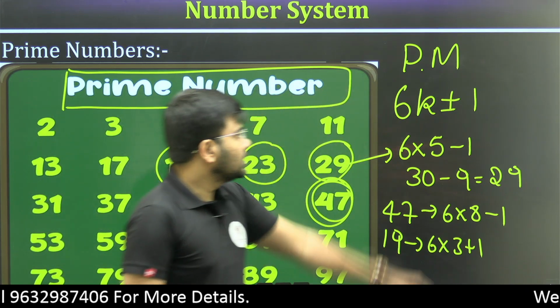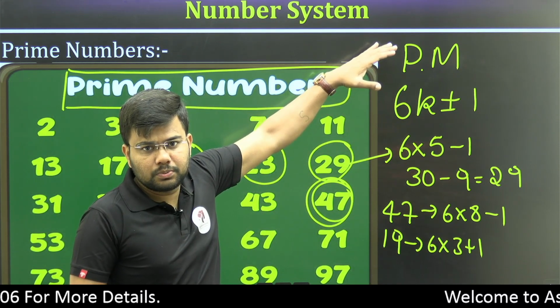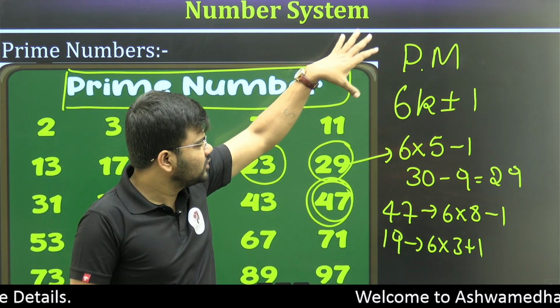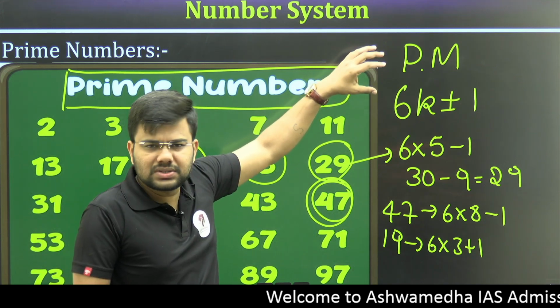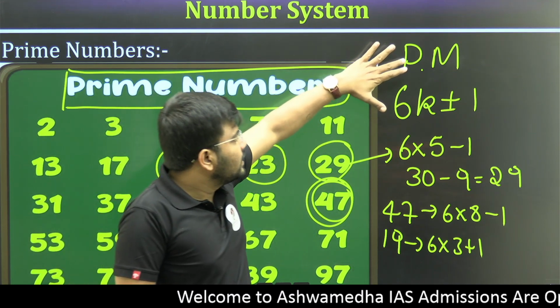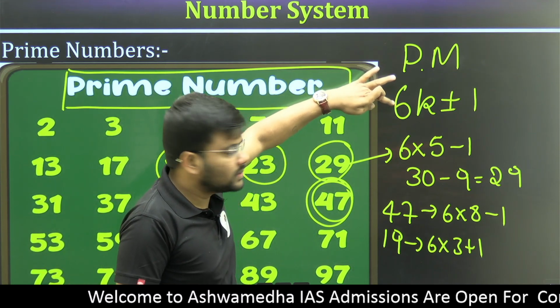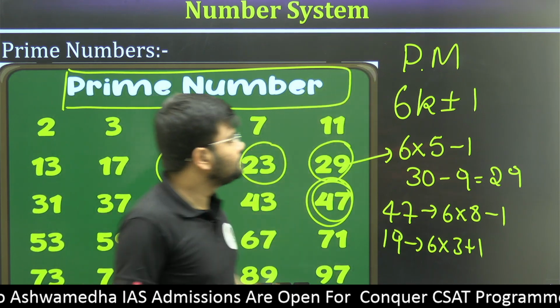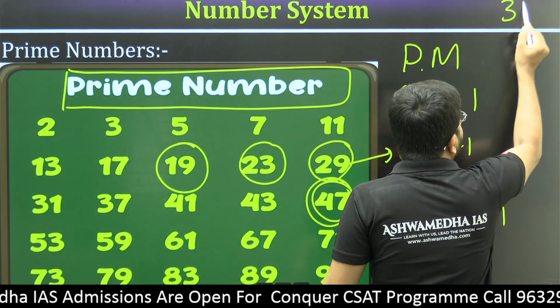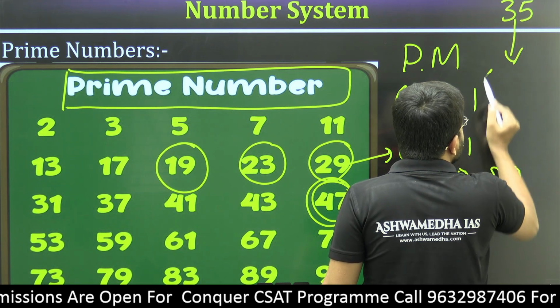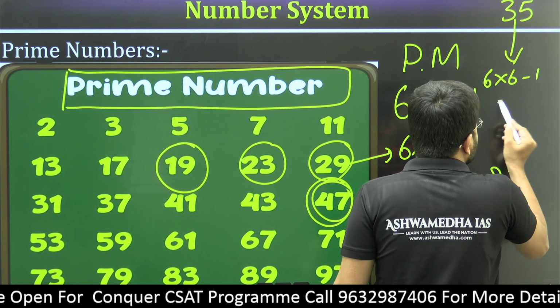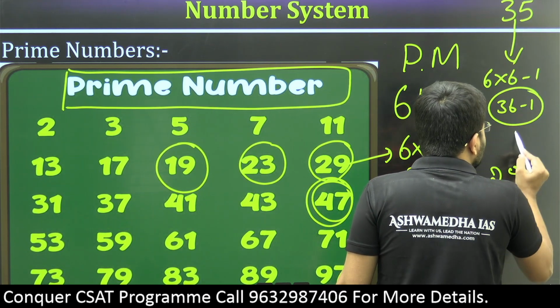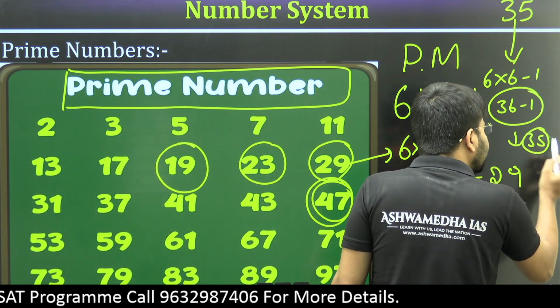These statements should be at the tip of your tongue. These basics have to be very strong. A prime number can be expressed in the form of 6k plus or minus 1, any prime number. But if you consider 35, 35 can be written as 6 into 6 minus 1, 36 minus 1. So is 35 a prime number? 35 is not a prime number.